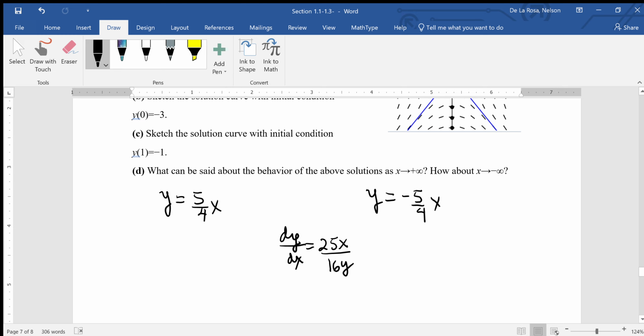Okay, so I'm going to do y equals 5 over 4x, and then you can try the other one.